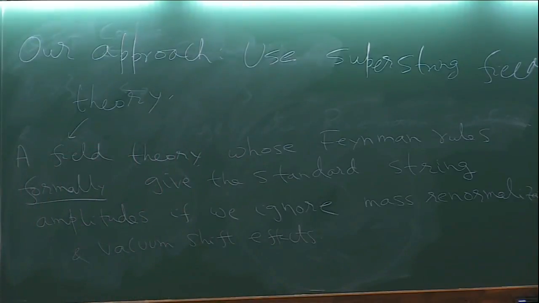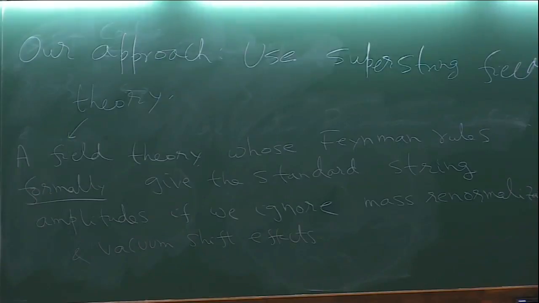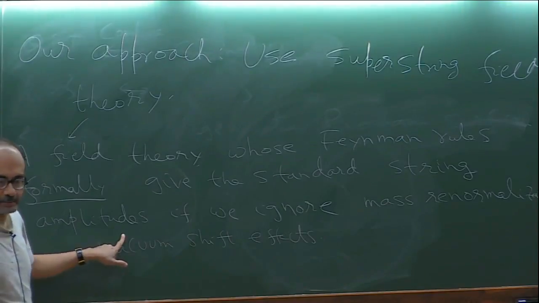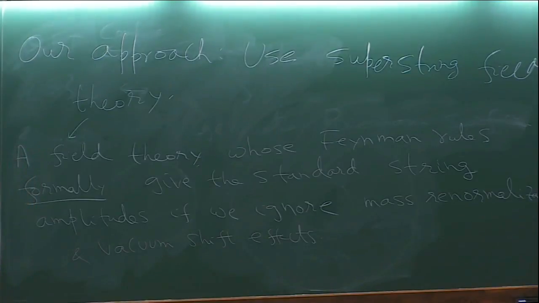What this means is that suppose you take this field theory and just write down all possible Feynman diagrams without ever worrying about LSZ or mass renormalization. You include Feynman diagrams like this, and like this, without worrying about the fact that the vacuum has to be shifted or the mass has to be renormalized. And then for each of these Feynman diagrams, you use Schwinger parameters and integrate out the momentum. Then formally, it should look exactly like the string amplitudes that we can compute from the worldsheet perspective. That's the sense in which string field theory is equivalent to the standard worldsheet theory.